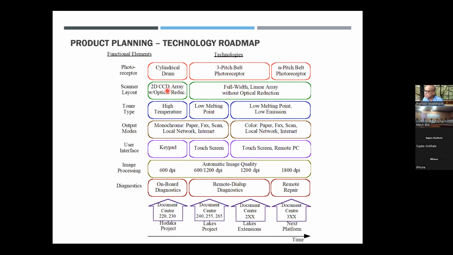Scanner: charge coupled device, CCD, 2D, full width, linear array, high temperature, low melting, low emission, monochrome, color, keypad, touchscreen, remote PC. Dots per inch: 600, 1200, 1800. Onboard diagnostics, remote dial-up, remote. This is a holistic technology roadmap for their product. So this is something very important.